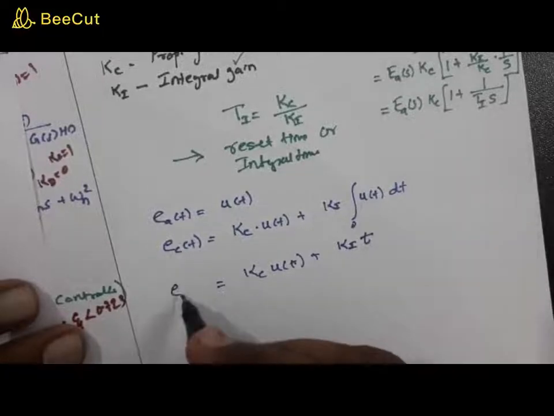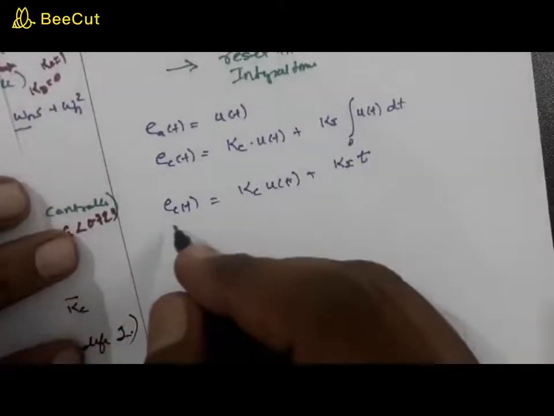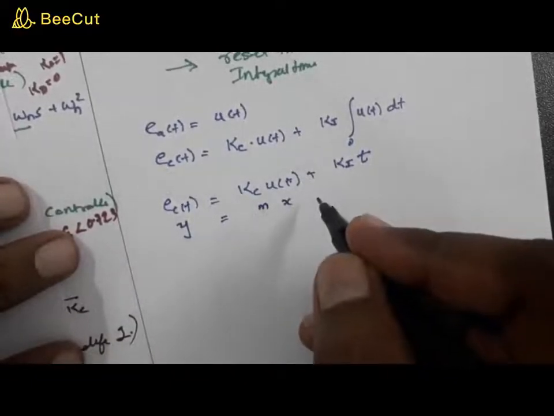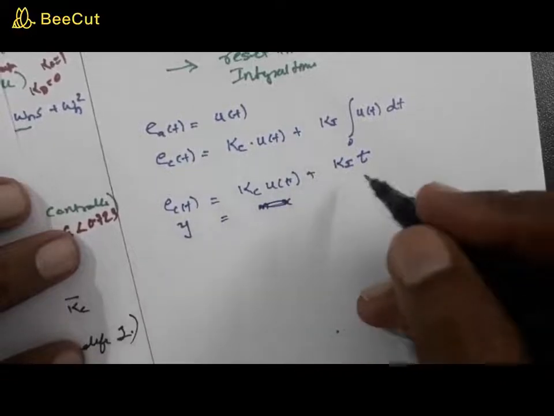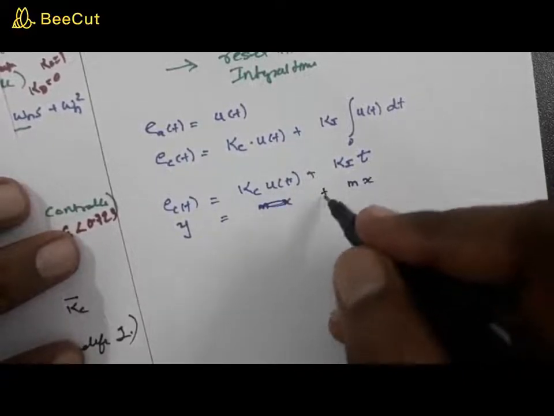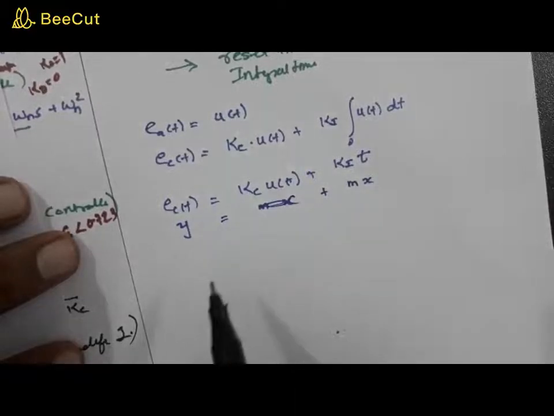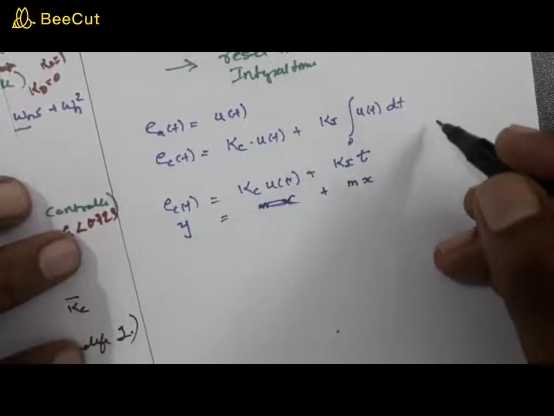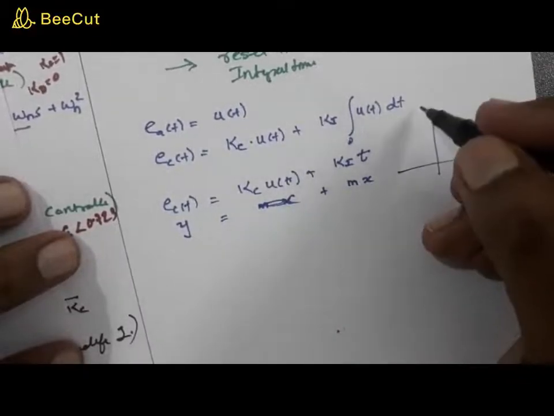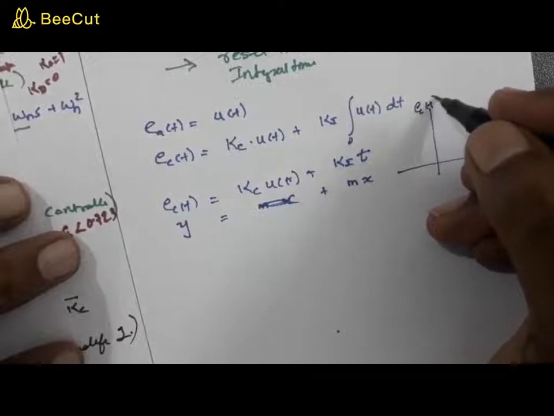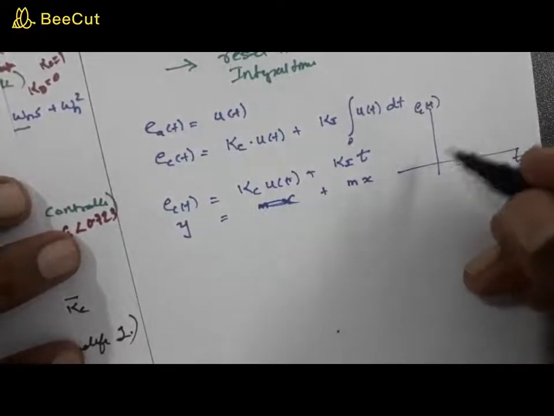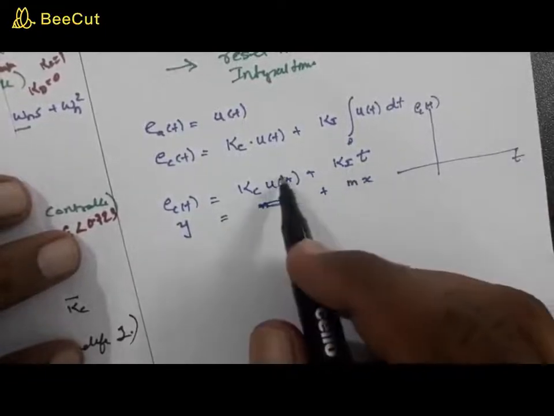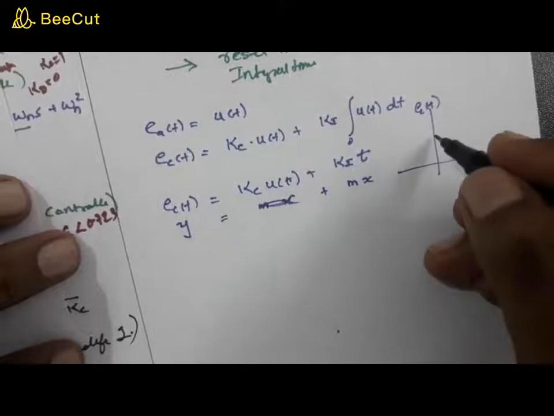Now, as I have explained earlier, this is equivalent to y equal to mx plus c. Instead of y you have your Ec of t, the control signal, and this is your t, so you can see that it is not passing through the origin.